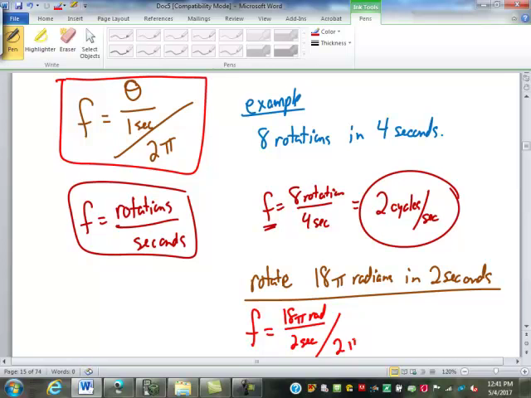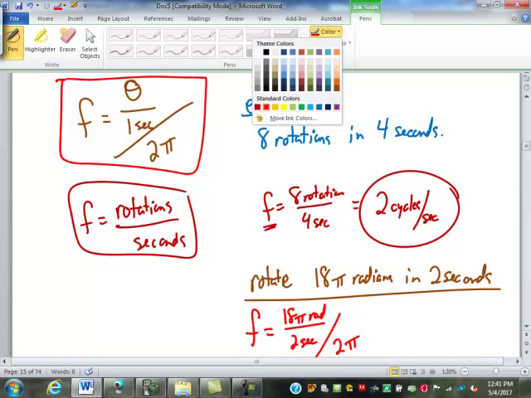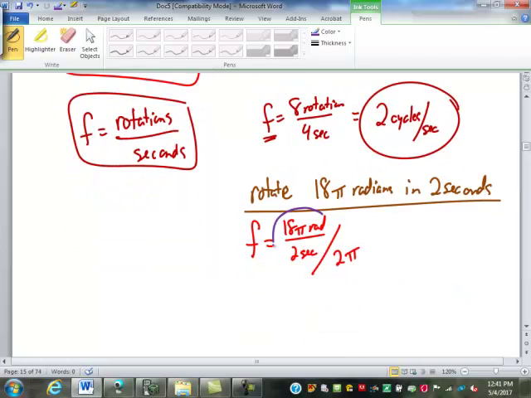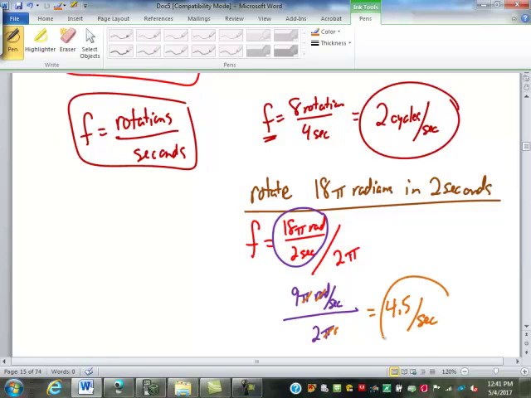Then we're going to divide that all by 2 pi. So first we'll start out up here. 18 pi radians divided by 2 seconds. What's 18 divided by 2? 9. So that's 9 pi radians per second. That still has to be divided by 2 pi here. So the pi's cancel out. What's 9 divided by 2? 4.5. And the radians cancel. There's radians implied to be canceled out there as well. So that's 4.5 per second. That is my frequency. 4.5 cycles per second.